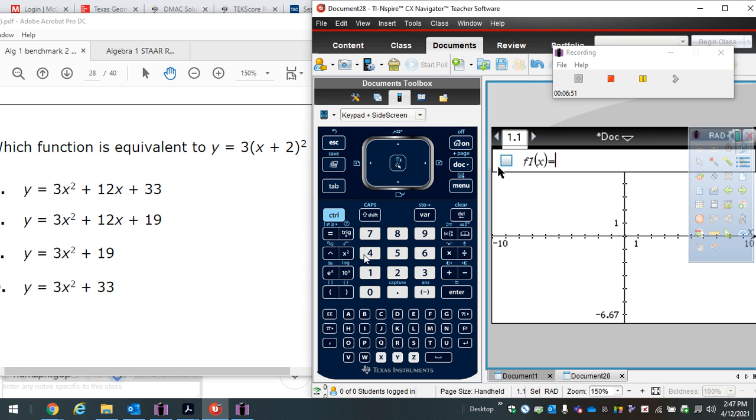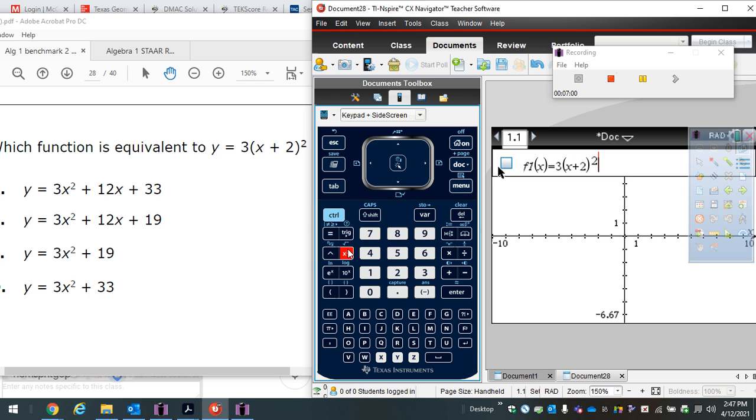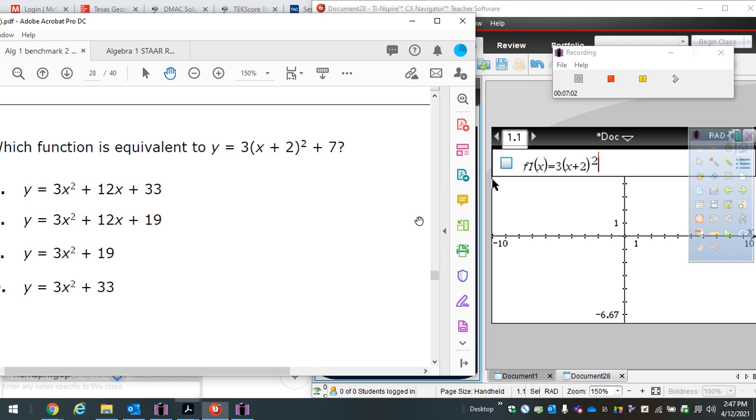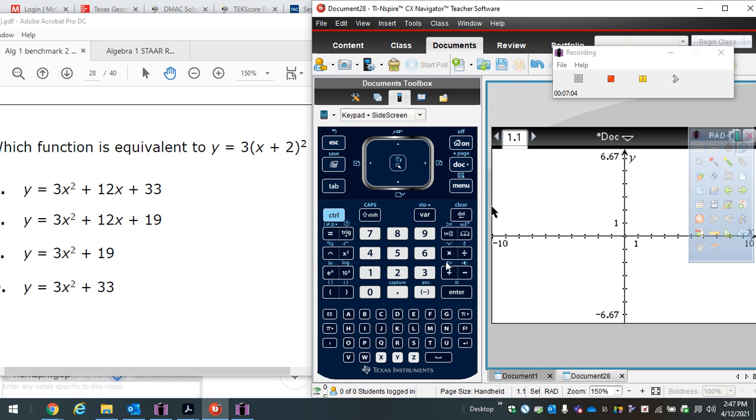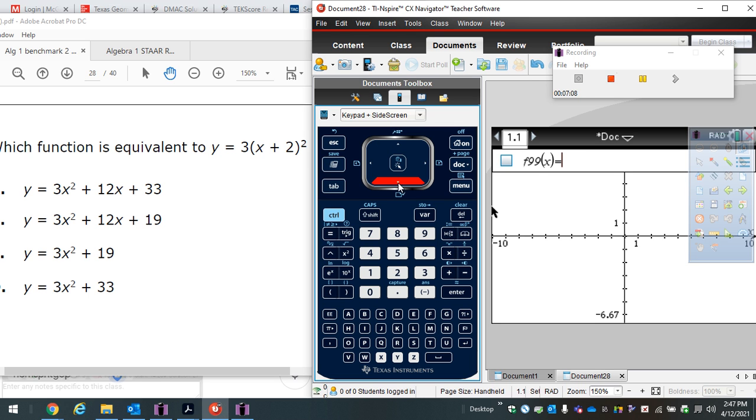I want you to type it in here, and I go with 3, parentheses, x plus 2, squared plus 7. Whoa, where did it go? Oh, man, did I delete it? I did, right?